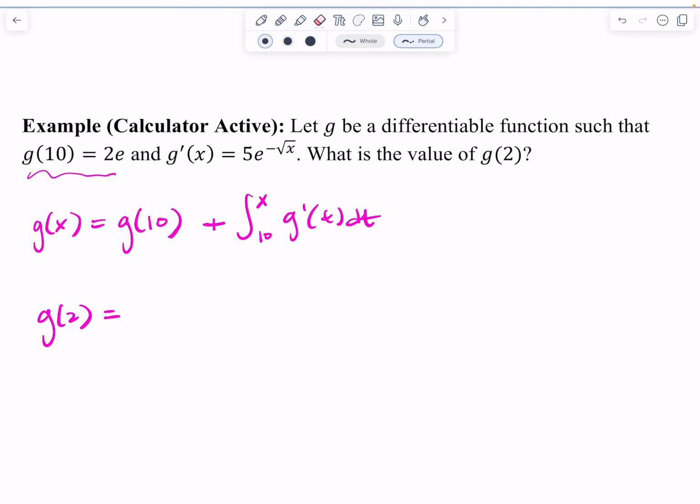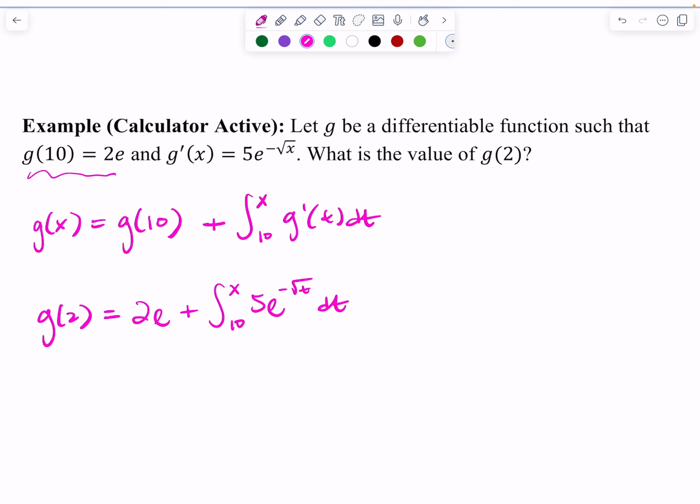Okay, so g of 2 would then be g of 10, which is 2e, plus the integral. This is what you'd be typing into your calculator, right? Of 5e to the negative square root of t dt. You could also leave it as g prime of t if you wanted.